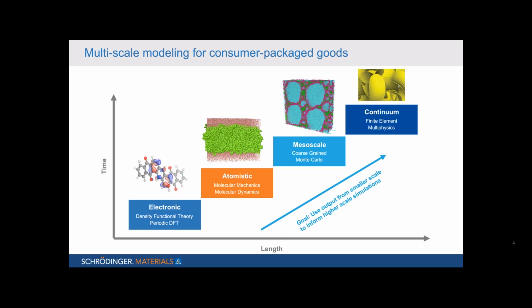So finite element FEA or multiphysics models. Those are going to be the whole potato chip here as the illustrated example, but those are much larger, on the order of micrometers to meters, whereas on the electronic atomistic, we're talking angstroms or nanometers, and maybe if you get above nanometers, you're really lucky with a really coarse grained mesoscale simulation.